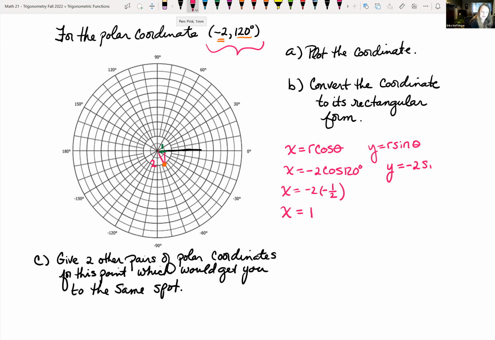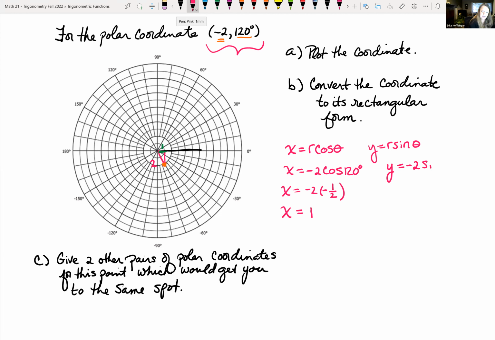Part C says to give 2 other pairs of polar coordinates for this point, which would get you to the same spot. Instead of having r as negative and going across the pole, we could have r as positive. If that was the case, we would need to rotate all the way over here, and that is -60 degrees.